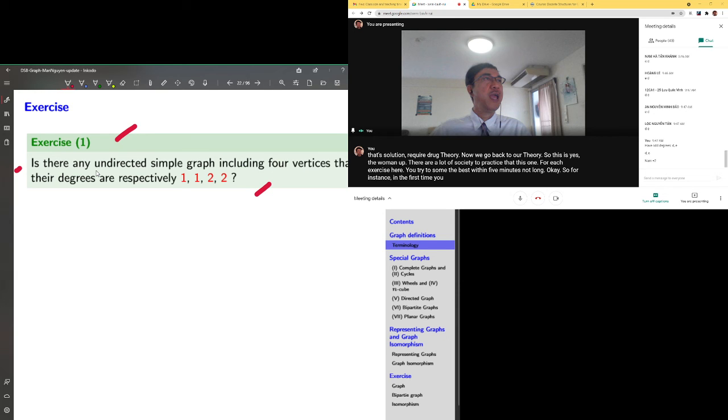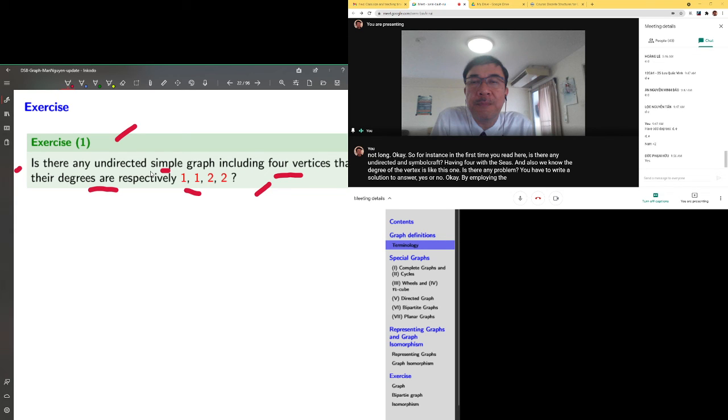And also we know the degrees of the vertices like this one. Is there any graph like that? You have to write a solution to answer yes or no. Okay, by employing the first 2 theorems, the handshaking theorem and the second one I just mentioned before.